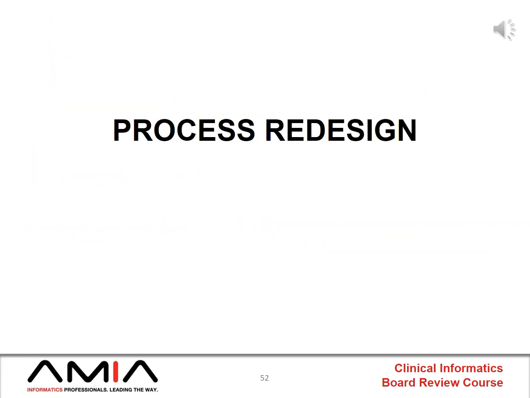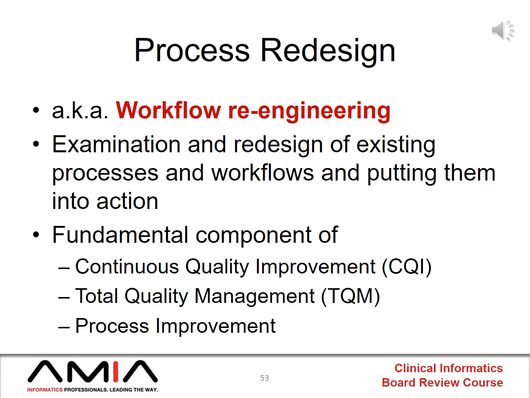Moving on now to process redesign. Process redesign is also known as workflow re-engineering. As the name implies, this is where you are looking at an existing process or group of processes and then determining what redesign of those processes is necessary and then putting that redesign into action.